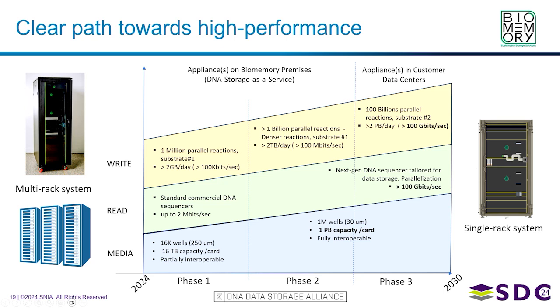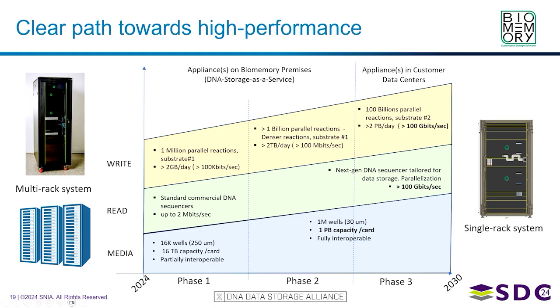As we are densifying that, we will be able to move progressively, and I'll explain how, up to a very dense parallelization of all those assembly reactions that will allow us to do up to 100 billion in parallel and in a continuous way, which will basically be more than a petabyte per day of writing. And that's basically our goal for 2030. But today it's still very slow compared to this aspect.